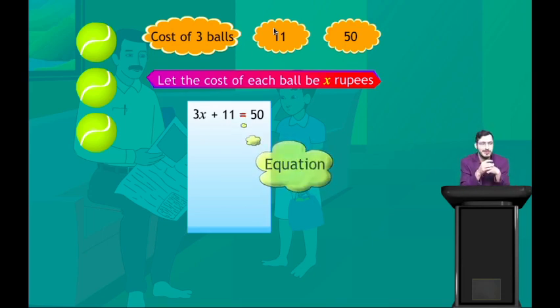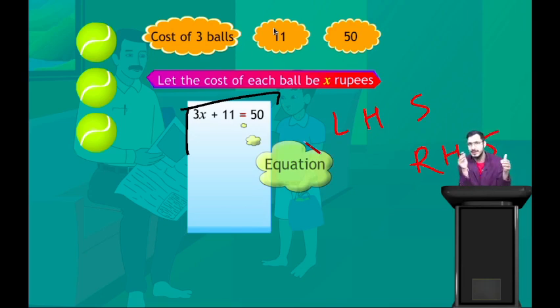That is our equation. Equation means you can see the LHS part and the RHS part here, left hand side and right hand side. So that is our equation.